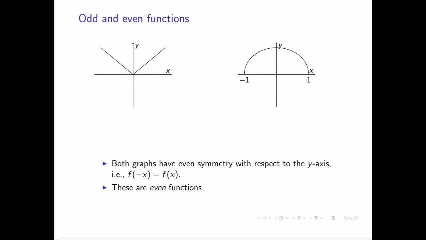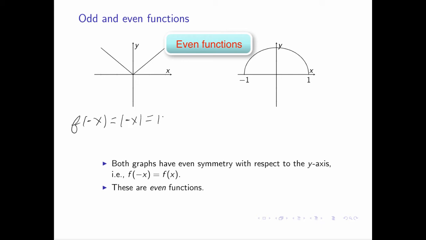There are properties of functions we'd like to be able to talk about, such as whether they're even or odd. If a graph has symmetry with respect to the y-axis, such that f(minus x) is equal to f(x), then it has even symmetry. So here, f(minus x) is the absolute value of minus x, which is equal to the absolute value of x, which is equal to f(x).